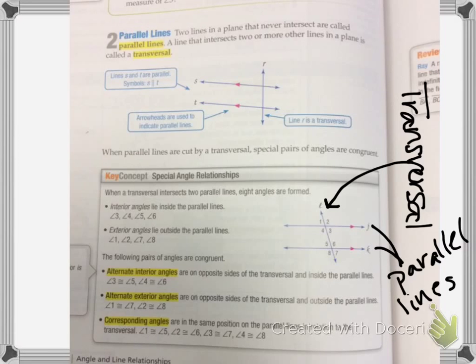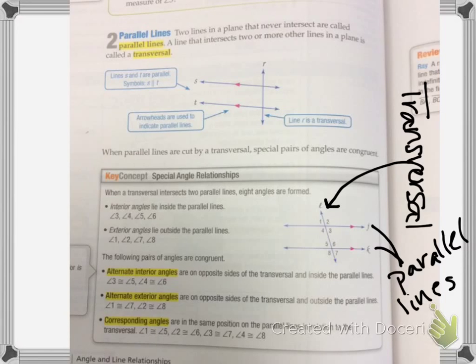Those special angle relationships involve alternate interior angles. Angles 3 and 5 are on alternate sides of the transversal, which is L in this case, and they're both inside the parallel lines, which are J and K. So 4 and 6 are also alternate interior.